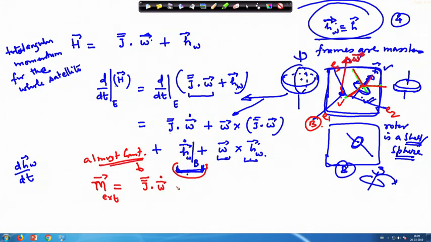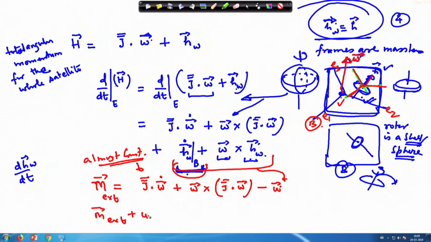So, we write it like this, and then omega cross J omega dot, and this quantity we write here as minus u. So, you can see that M external plus u, omega cross. This is a very simplified model.